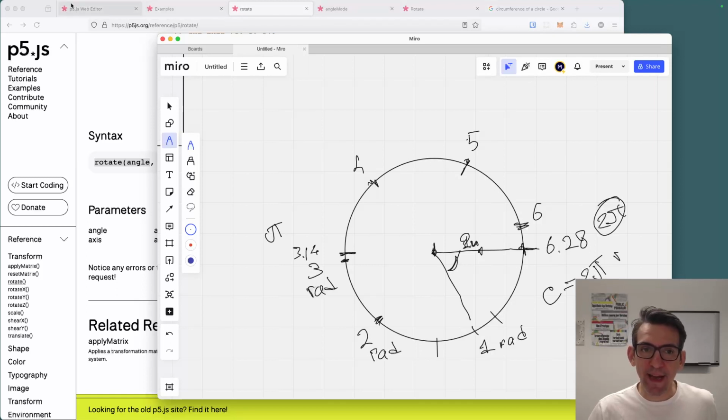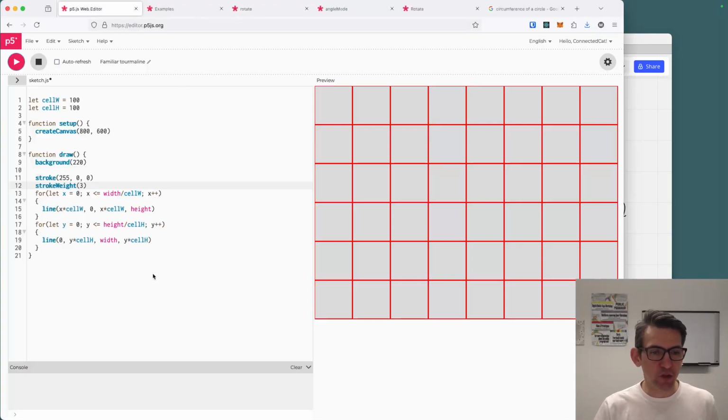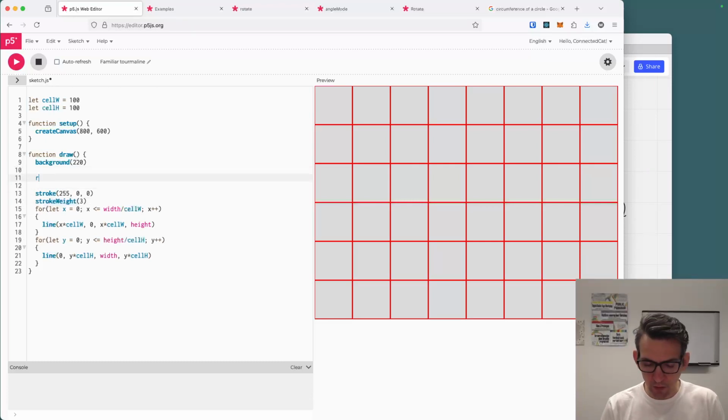So let's go back to our code and let's try to rotate our grid. So let's do rotate, and we'll rotate by, what did I say, quarter pi. And actually, I didn't type it correctly.